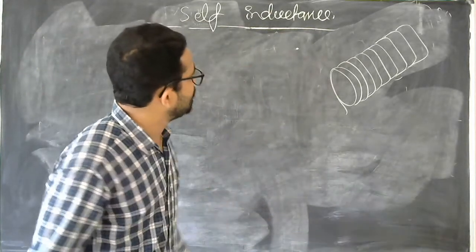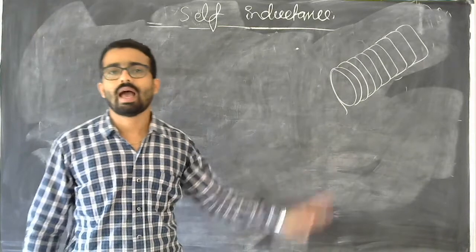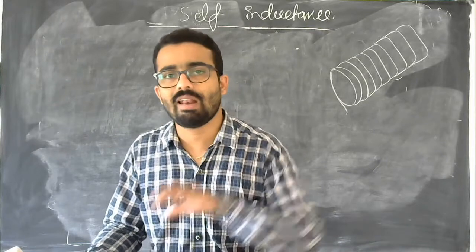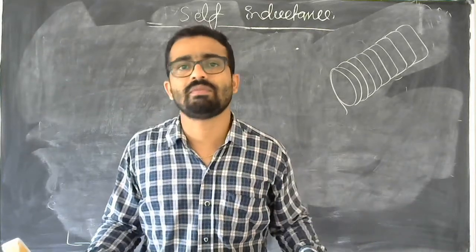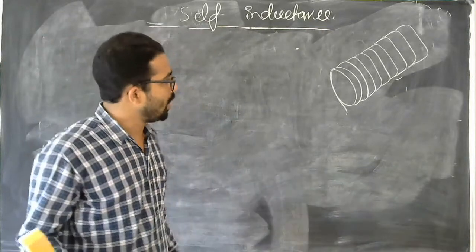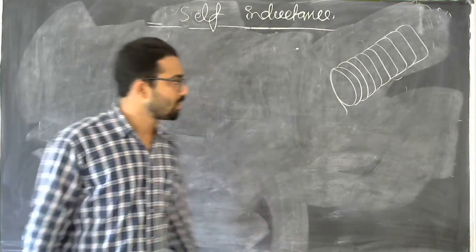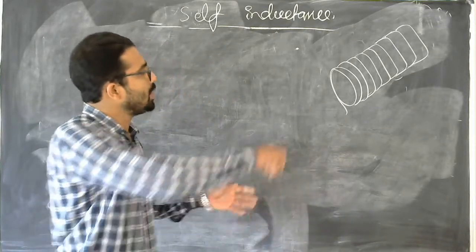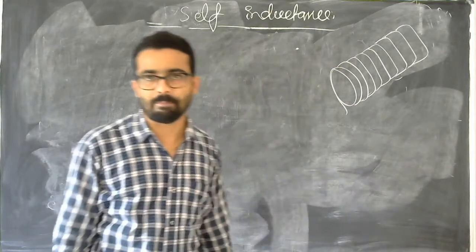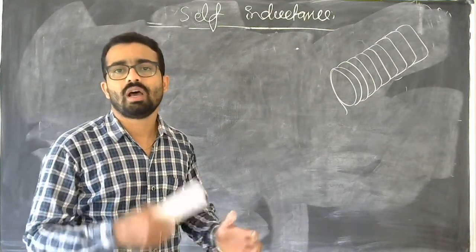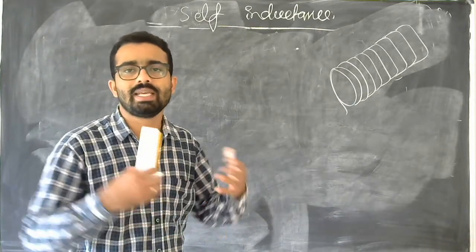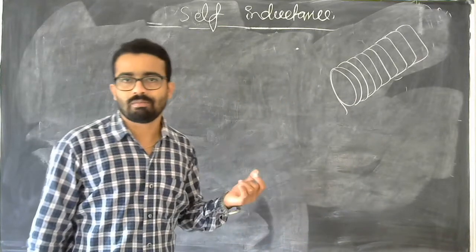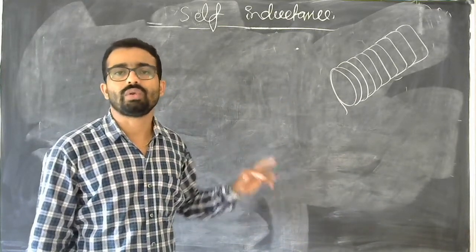But when we come to self-inductance, we have only one coil. So then, does one coil itself produce an EMF? Yes. In self-inductance, whenever the current flowing through this coil changes with time, if there is a rate of change of current, an increase or decrease in the current, then there is an EMF induced in the coil due to the current flowing through itself.